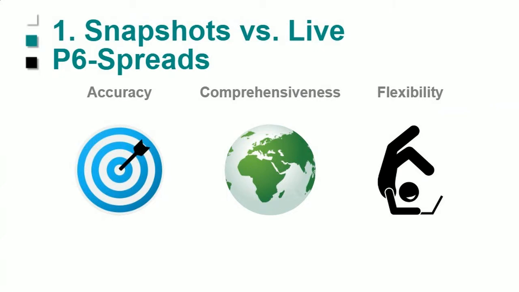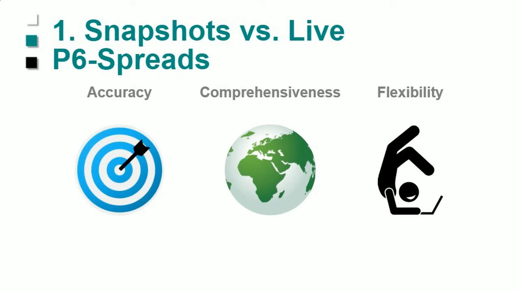So the way it works, it's essentially two pieces of our toolkit. So we've got our data warehouse, which accepts the snapshots. So you push the snapshot from P6 into the data warehouse.